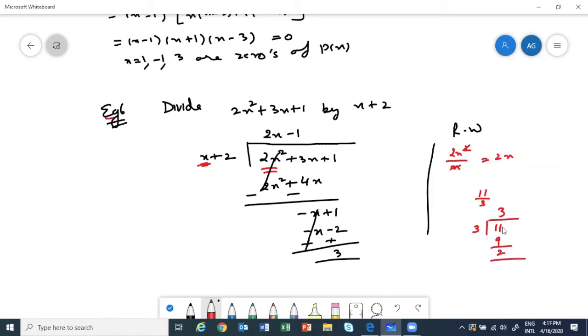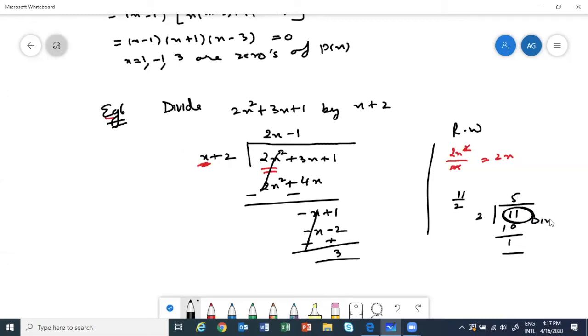Okay, let me not take this example. Let me take 11 by 2. So what happens? 11 when you divide by 2, 5 times 10, and we have 1. Okay. So that means this is what?